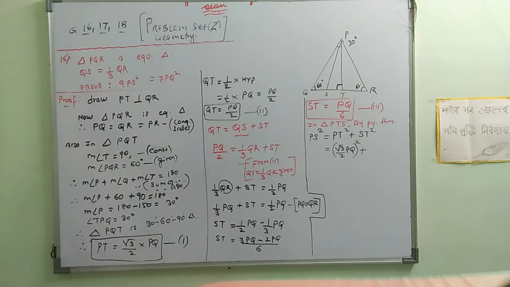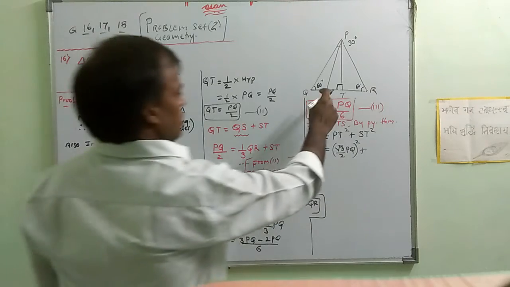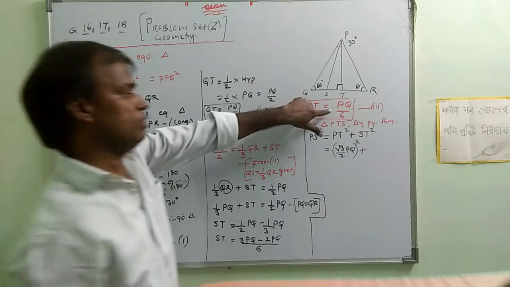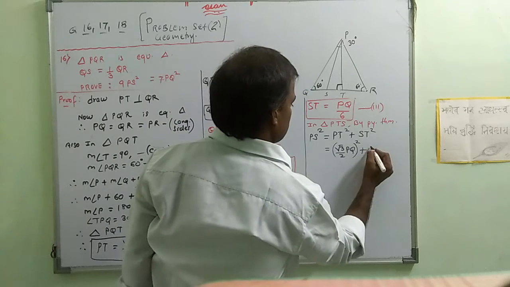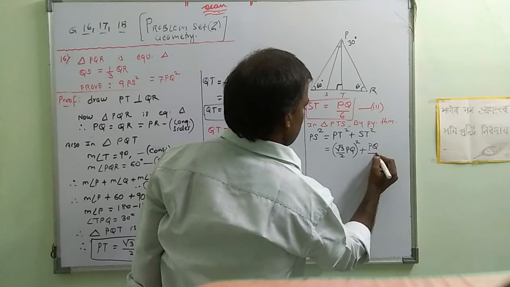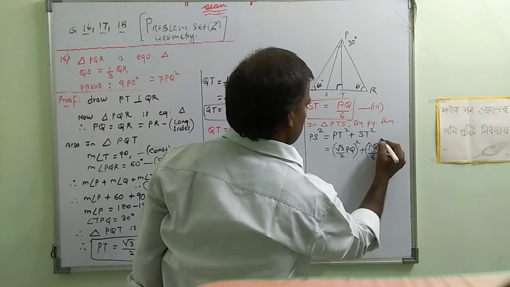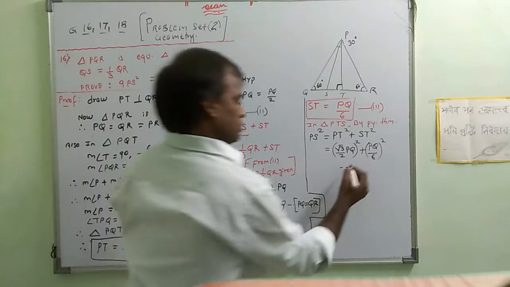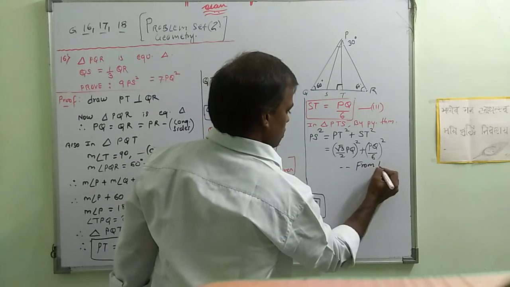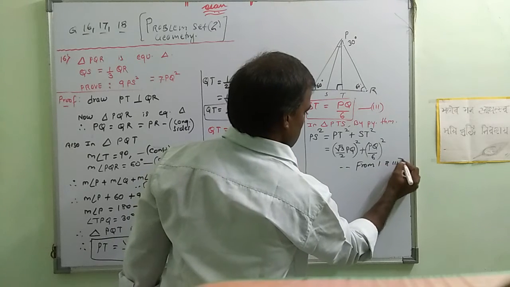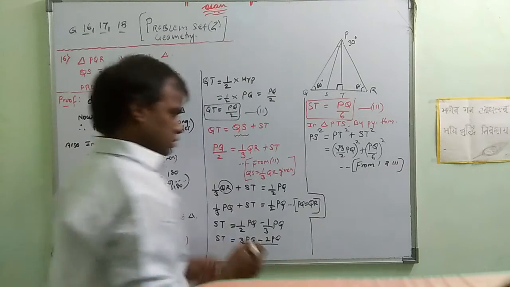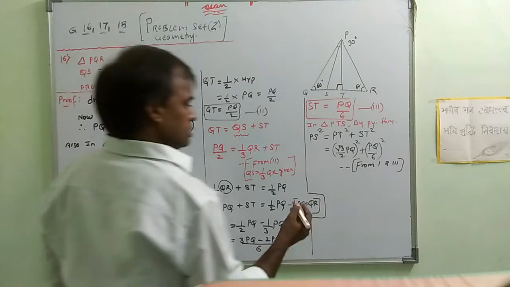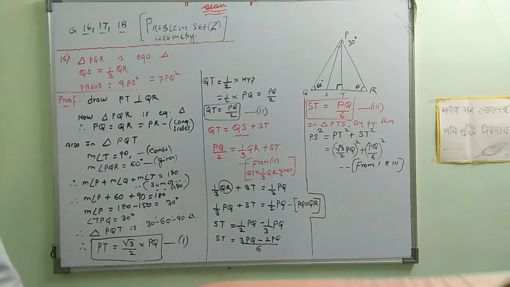ST is PQ upon 6, the whole square. So we write the reason from 1 and from 3. So let's solve this. PS remains there only.